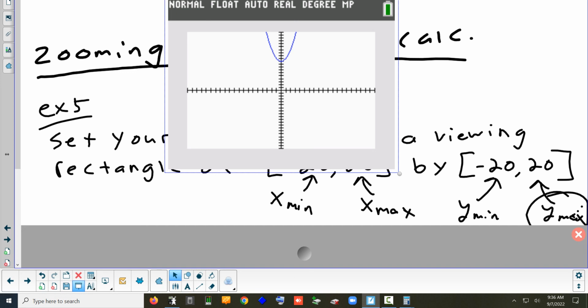Yes. What happened? Did it give you an error? No. Well, I did that first, and then I realized what I was doing. Okay, that's what I thought. So go to your window. Negative 20 to 20, negative 20 to 20, not 2. So that should be okay now. When you hit graph now, you should see it.